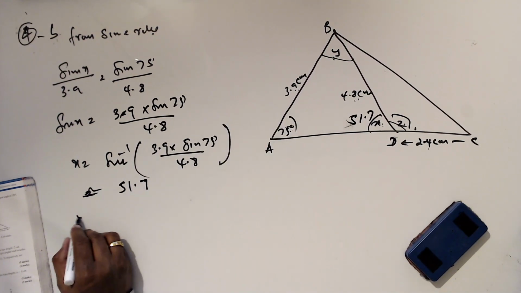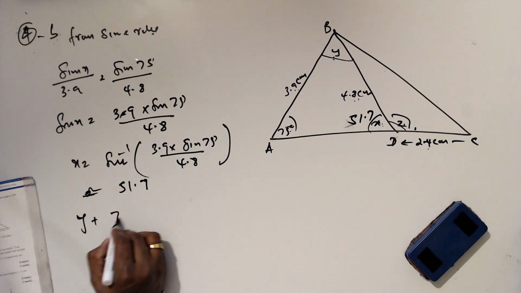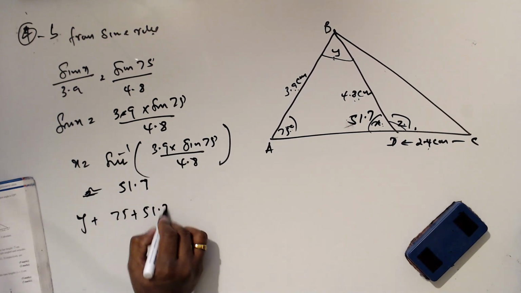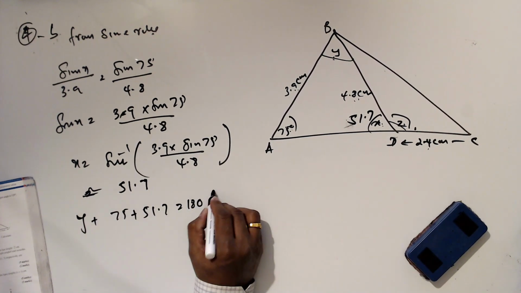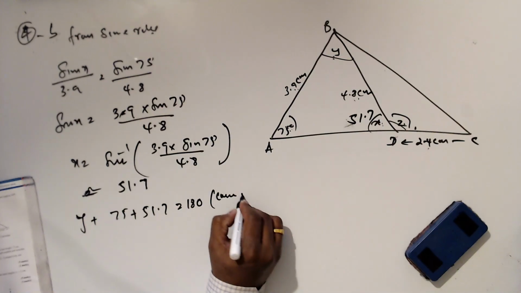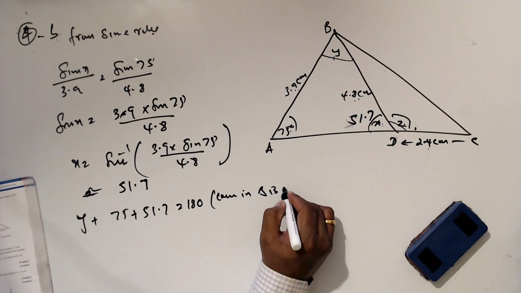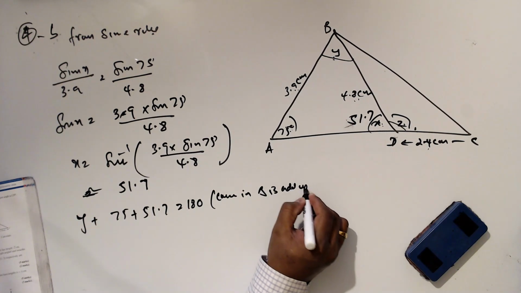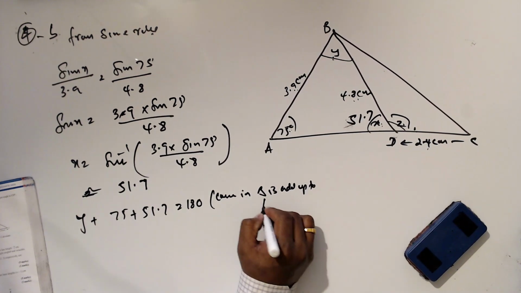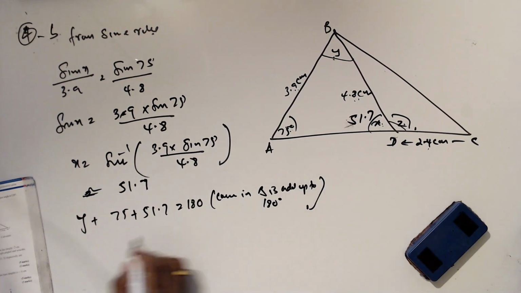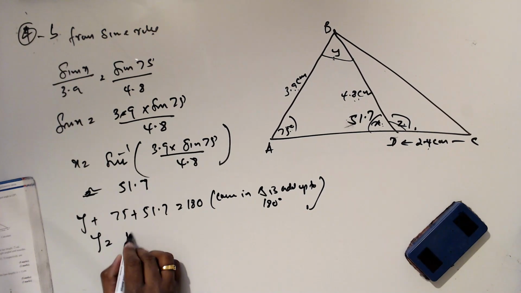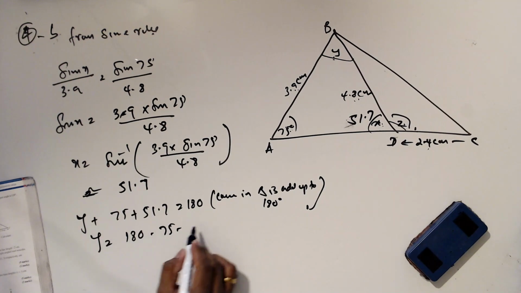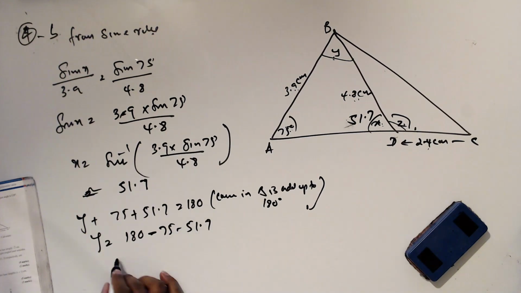Then y plus 75 plus 51.7 equal 180. Angles in the triangle add up to 180. So y equal 180 minus 75 minus 51.7.